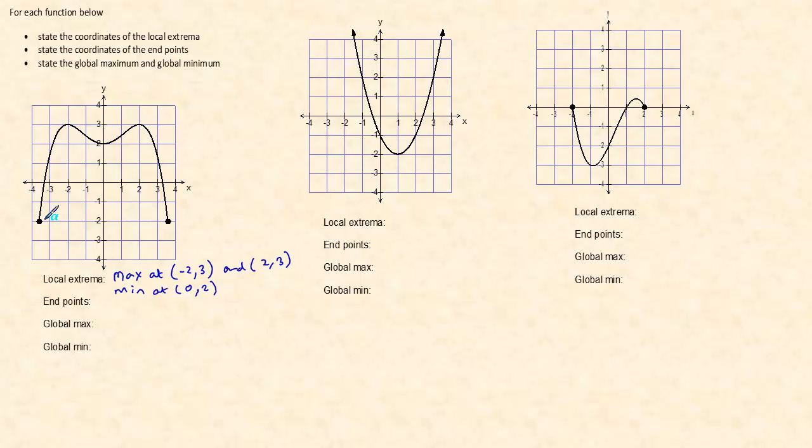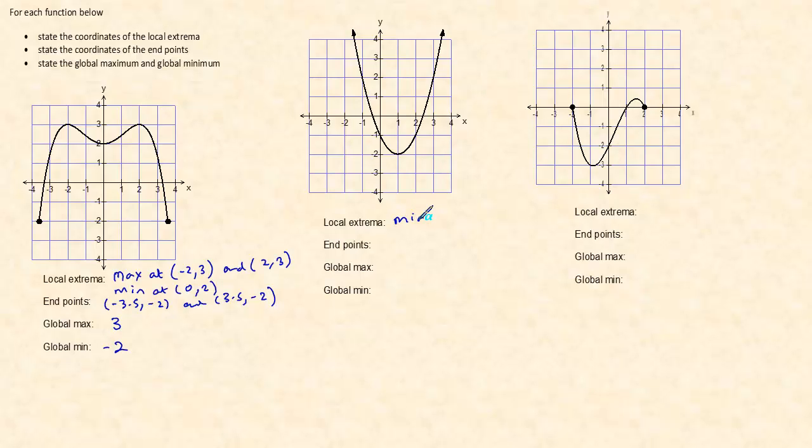Our endpoints, well, I'm going to say that's -3.5 and -2, and the other one is over here at 3.5, -2. So our global maximum is where these local maximums are, so that's 3, and the global minimum is -2.